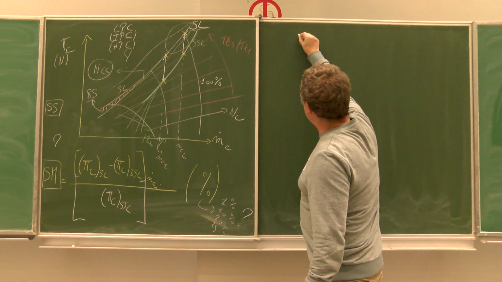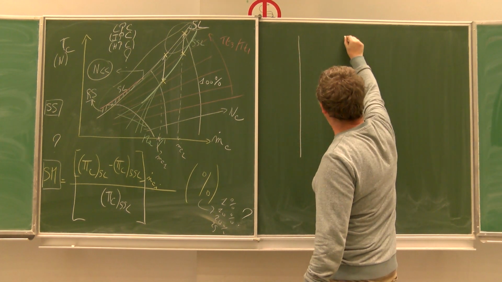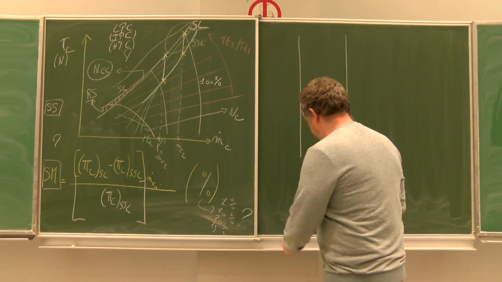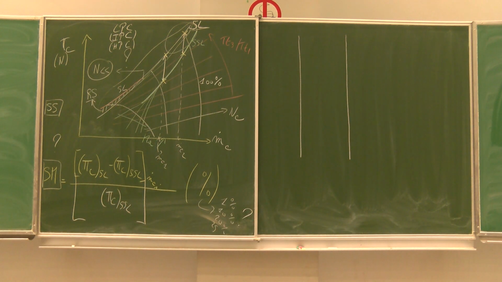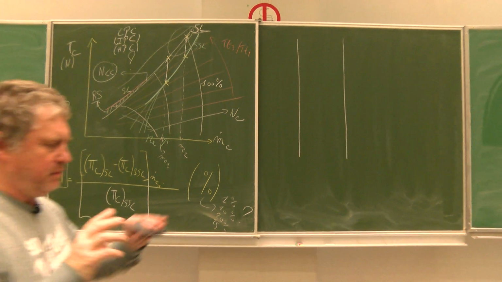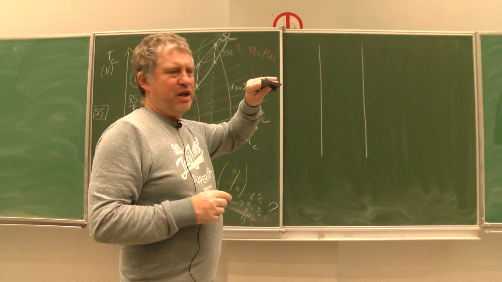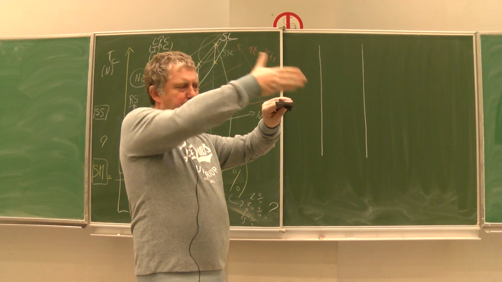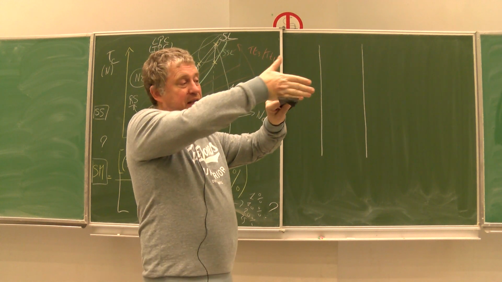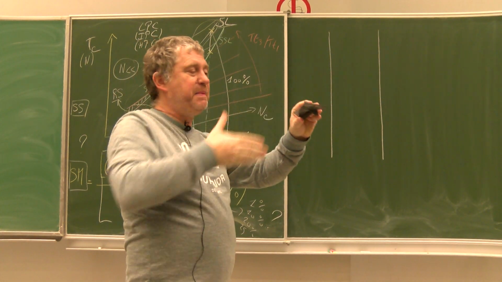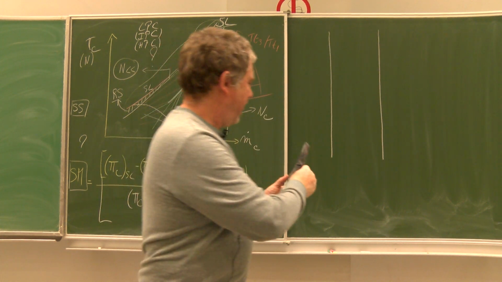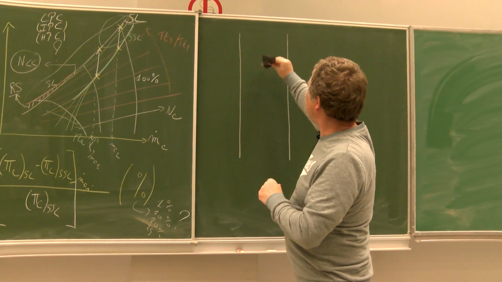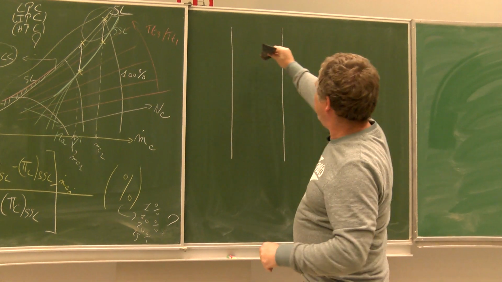So we take a compressor grid. What is a compressor grid? I take at a certain position, it can be the tip, the middle, or the foot, I cut the system, and my compressor is oriented like this.